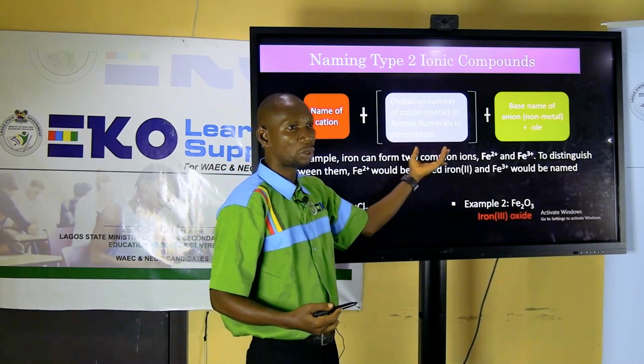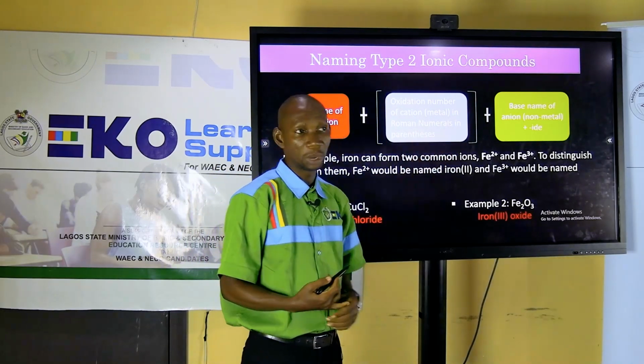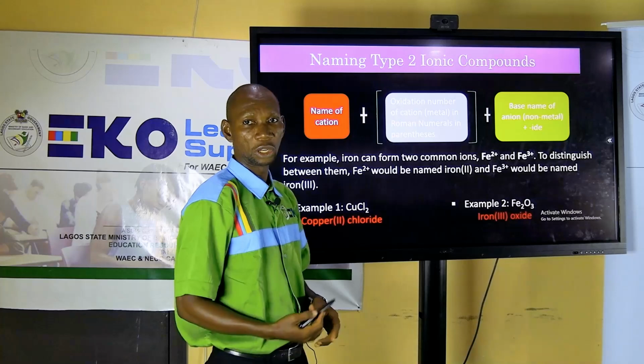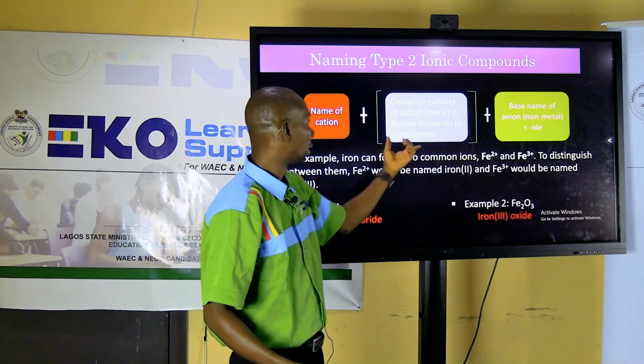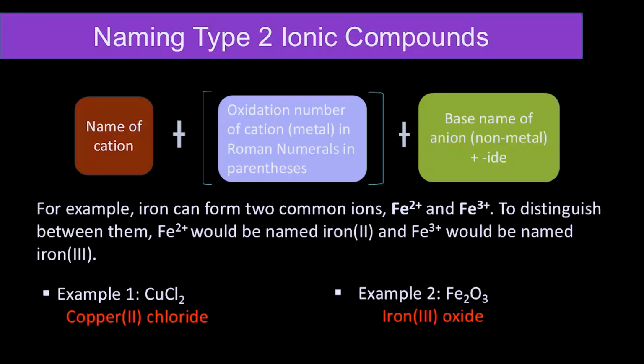But here, you are going to add the oxidation number of the transition metal, the type 2 metal. That will be put in Roman numerals and then in parentheses, that is, in brackets. Plus the base name of the anion, which you are also going to modify by adding -ide to it.